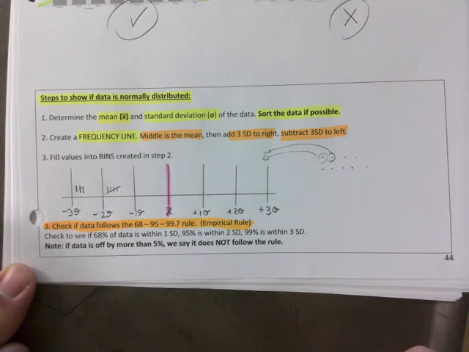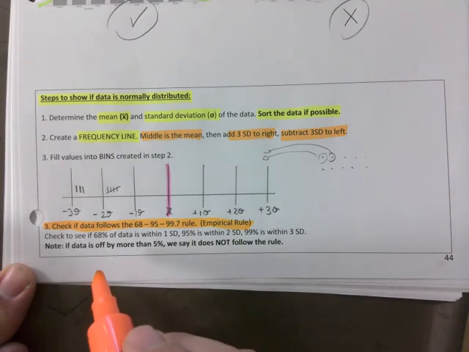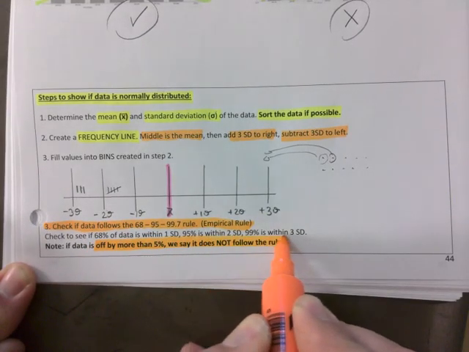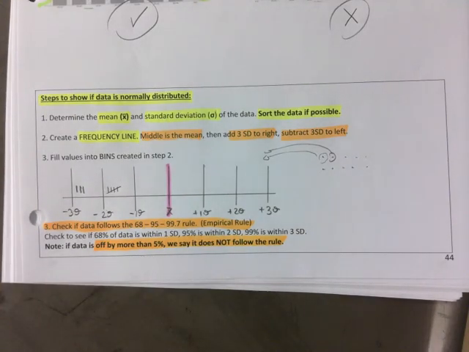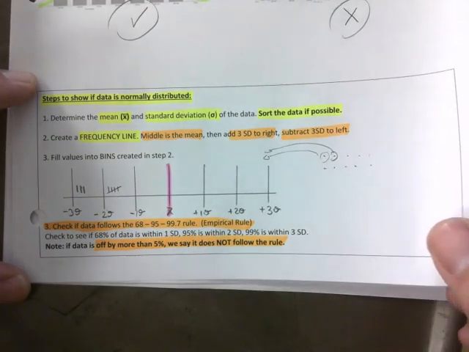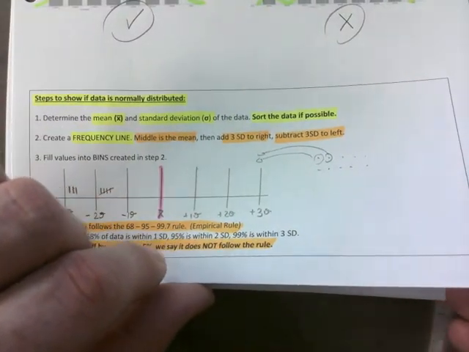Okay. Note, if you're off by more than 5%, we say that it will not follow the rule, so it's not normally distributed. If it does, data is normally distributed. So these are the steps. I'm going to dive right into it. This is just for reference later on, if you look through this. So let's go to 45.